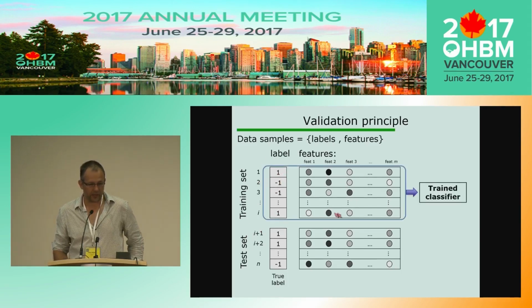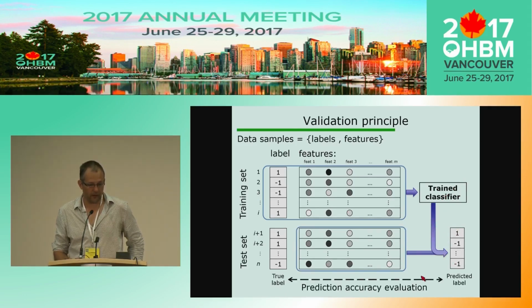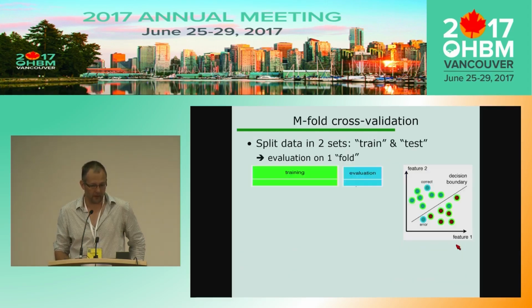You train your classifier on a part of your data, which gives you the trained machine. Then you apply the machine on the untouched data and you get a prediction. The whole idea now is simply to compare the predicted labels with the original labels. Here, for example, there is a mismatch, so there is an error for that sample.